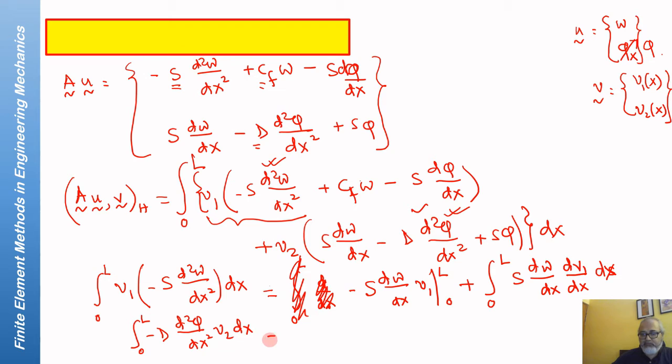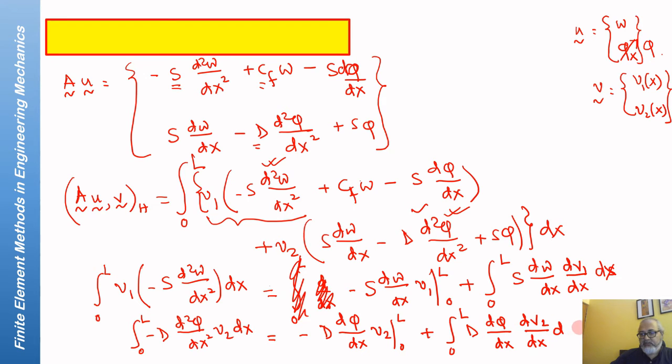Similarly, this will become minus d phi dx times V2 evaluated at 0 and L, plus integral 0 to L d phi dx into dV2 dx dx.